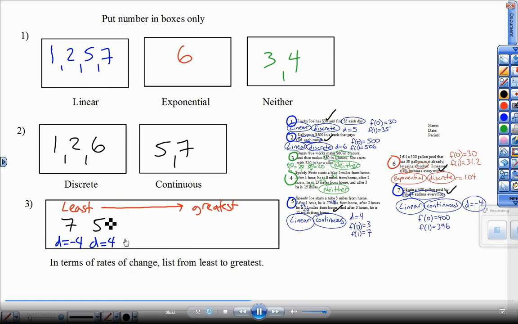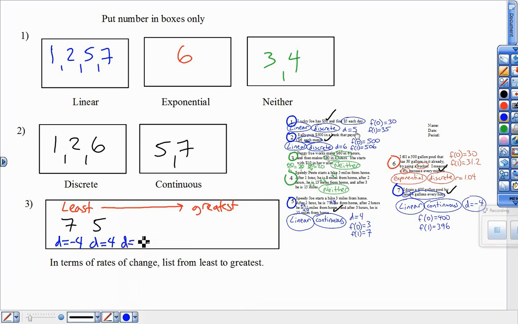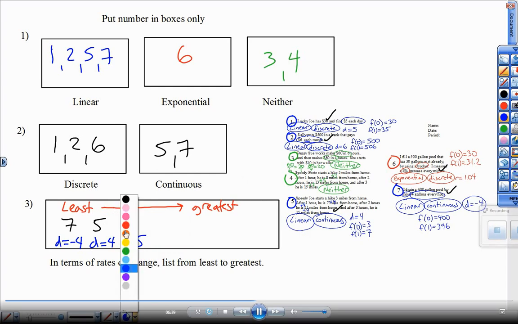The next lowest is this D equals 5, which would be problem number 1. And again, that's where I'm getting these 7, 5, 1. And then D equals 6 would be this situation, problem number 2. And then the highest is this exponential one, R equals 1.04.